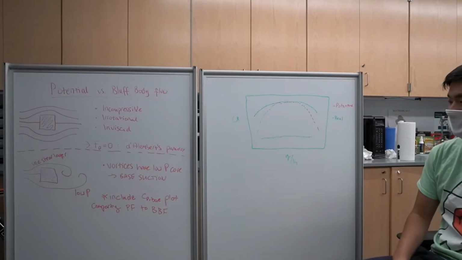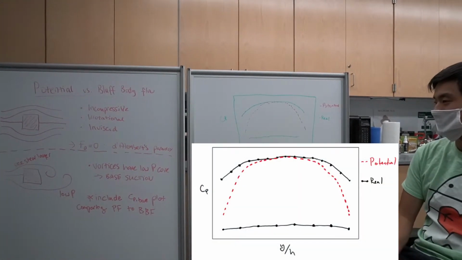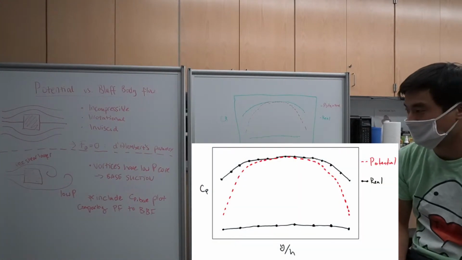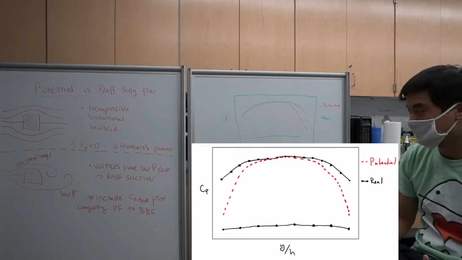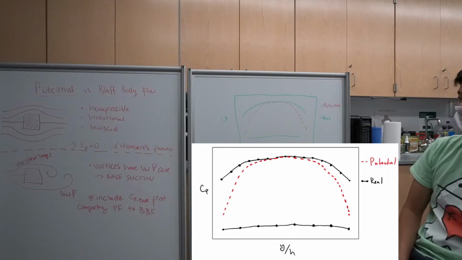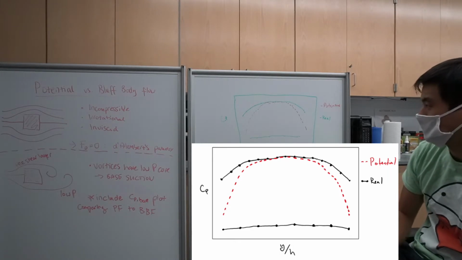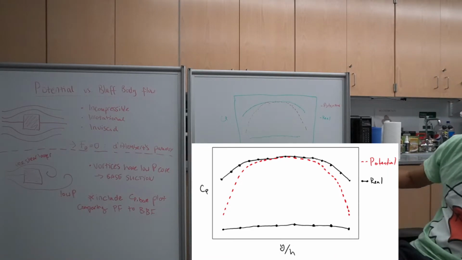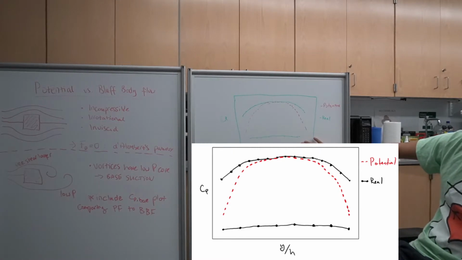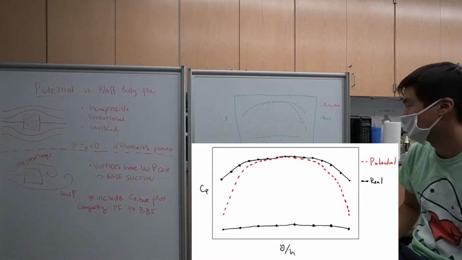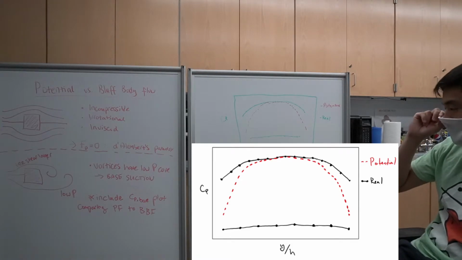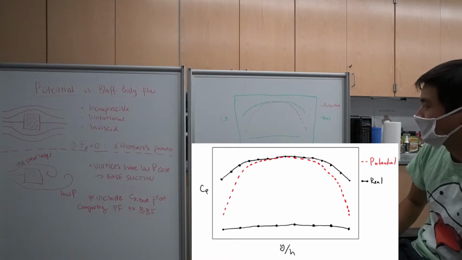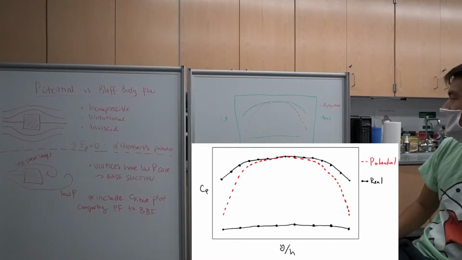Okay. So in addition to what Sarah was talking about, describing what the flows look like for both the potential flow and the actual real flow, you're going to want to talk about similarities and differences between the two as well. So if we look at the pressure coefficients for the two cases, here red being the potential and green being the real, we can see that in some areas they are very similar, in some areas they're different.